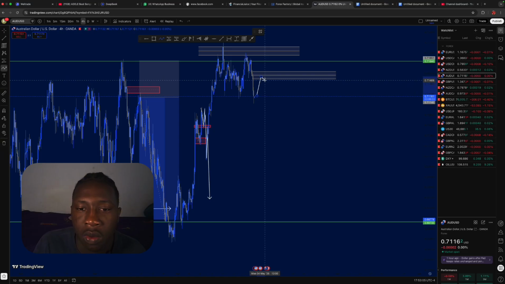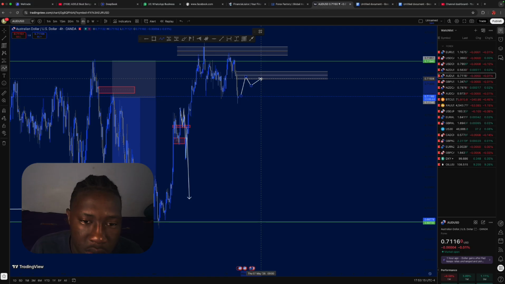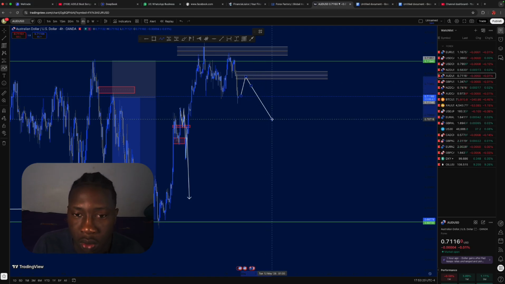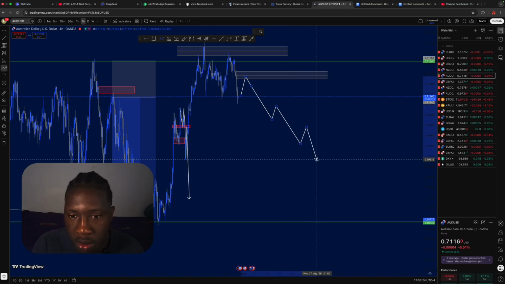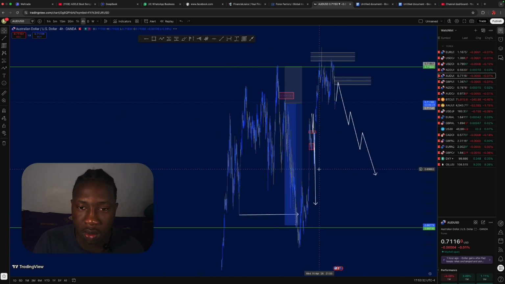So we are looking for a pullback in this to make another low, another high, and then we will take the market direct from the highest point going to the downside, creating these highs and lows, highs and lows, like this.